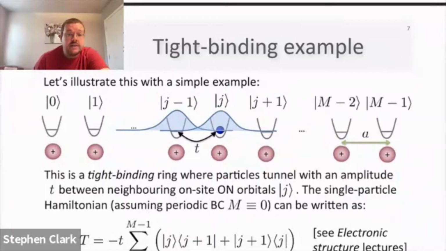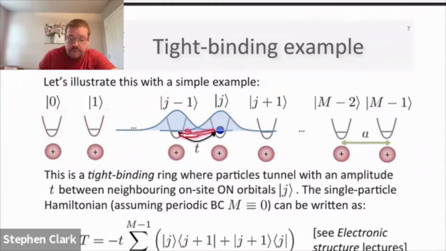Here's a really simple example, just to get you back to some real system rather than totally abstract ones. Imagine you have a one-dimensional lattice of ions, where we've got some potential in which we can stick a particle in the lowest state. If we stick the particle in, it might have a wave function that's localized but spread out. And because it's spread out, it overlaps with a neighboring one.